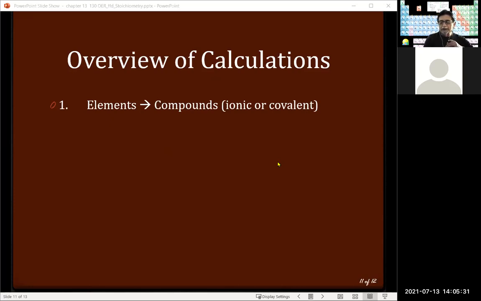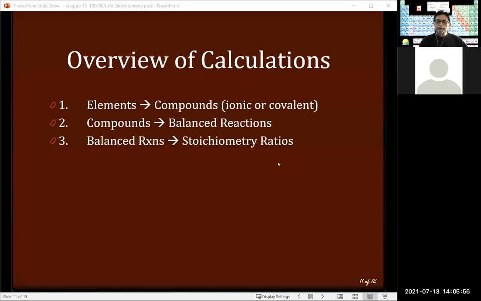Anyway, come back on Thursday, try it out and see if you can work it through. If not, we'll talk about it on Thursday. These calculations: what we've done is take the elements, create them into compounds, be it ionic or covalent. From the compounds, we had reactions, then we balanced the reactions.